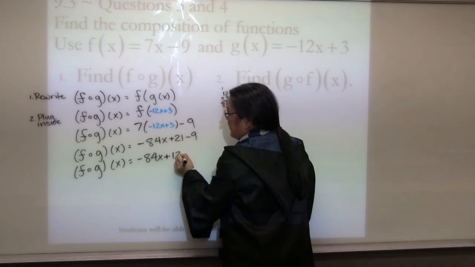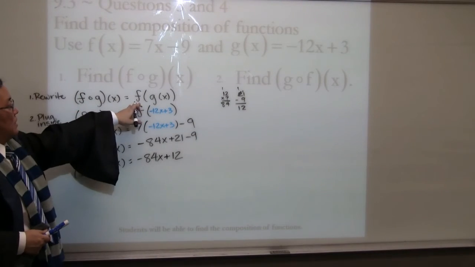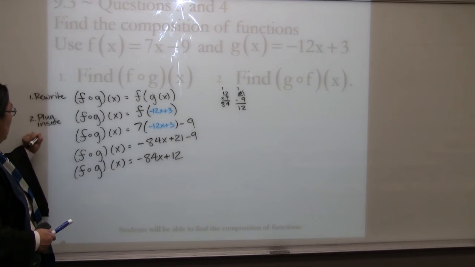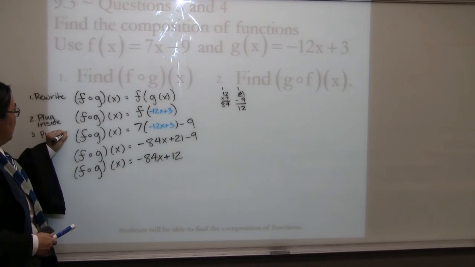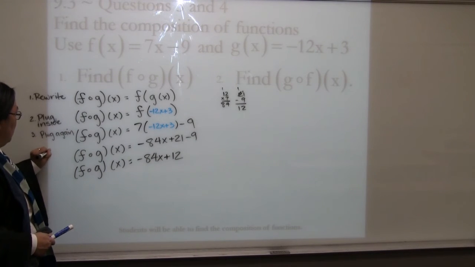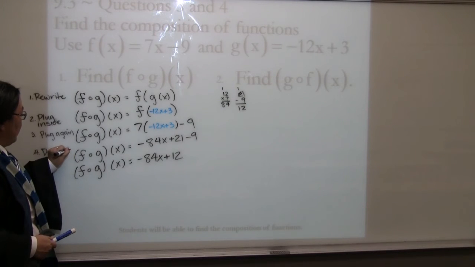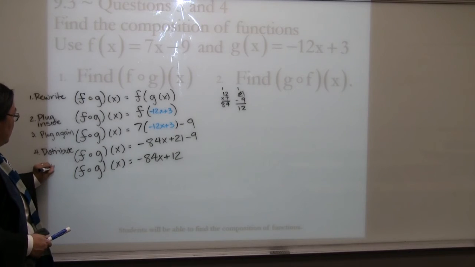Done. So, rewrite it like that. Plug just the inside, and then we're going to plug again. And then we're going to distribute from back in chapter 1. And then we are going to combine like terms.